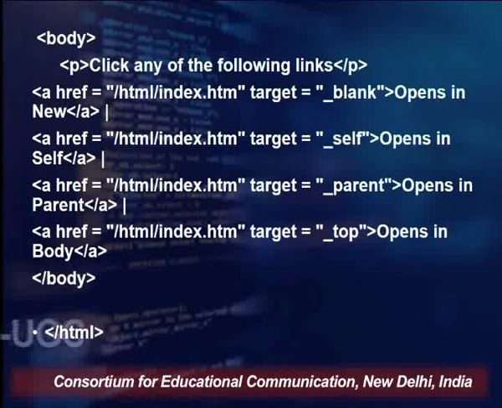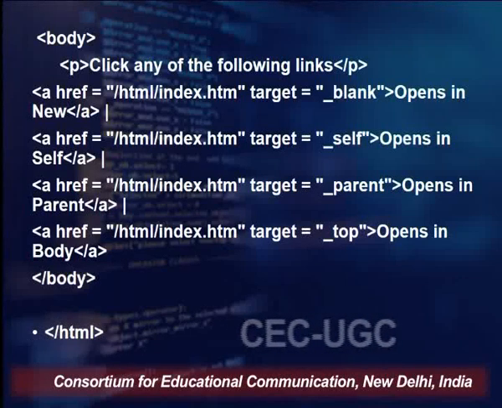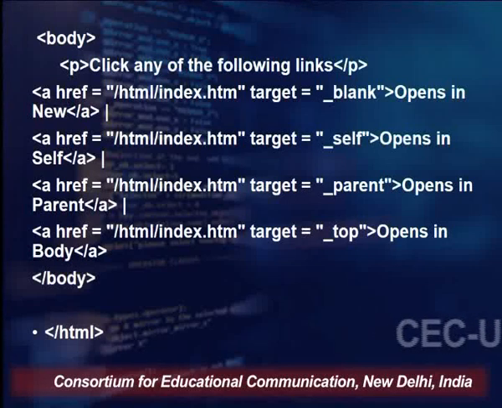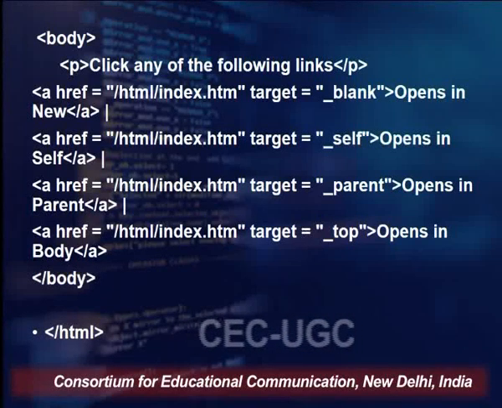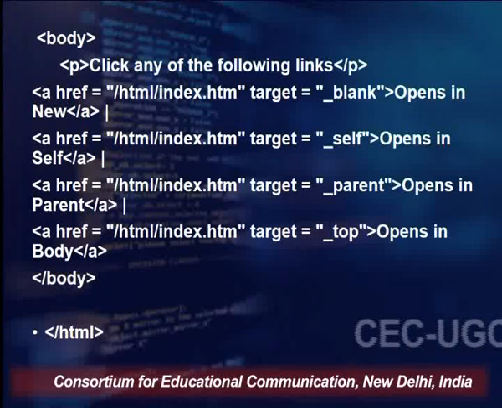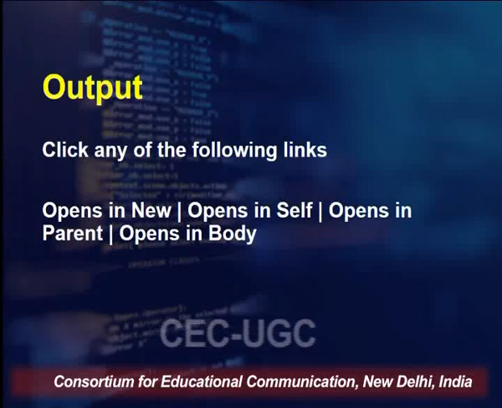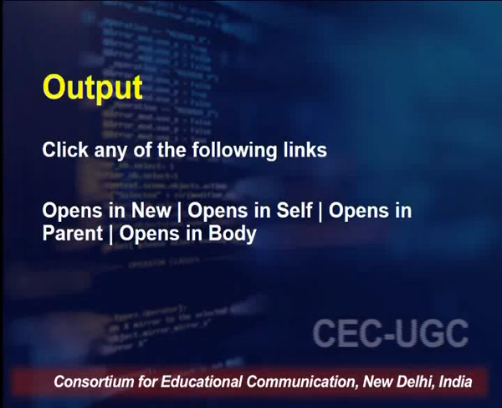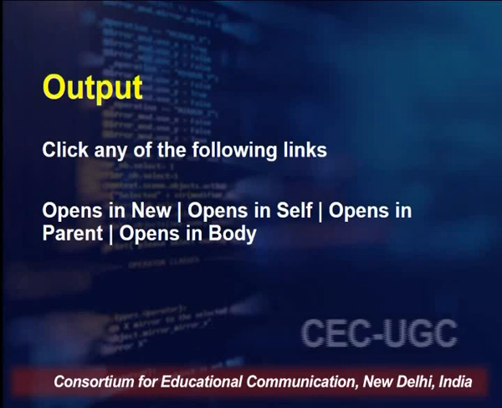Then href is equal to the same link, which is index.htm, target is equal to _parent to open the link in the parent frame, and to open the link inside the body we use target is equal to _top. The output on the web page gives: click any of the following links, and there is open in new, open in self, open in parent, and open in body.